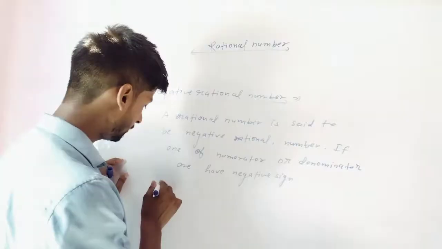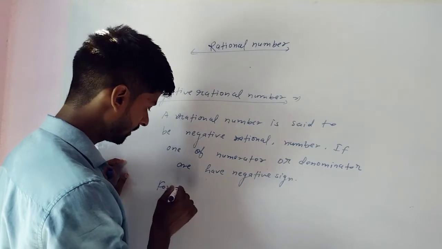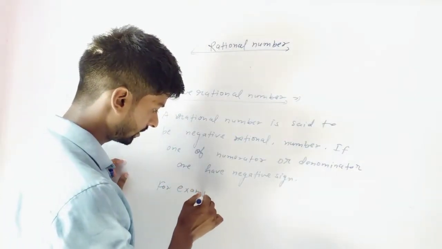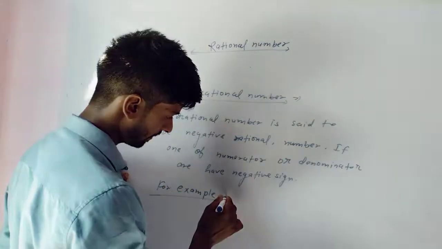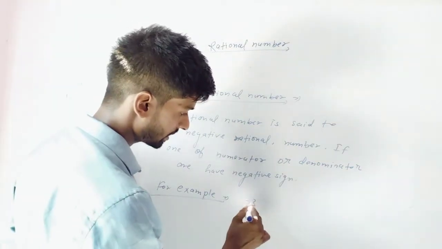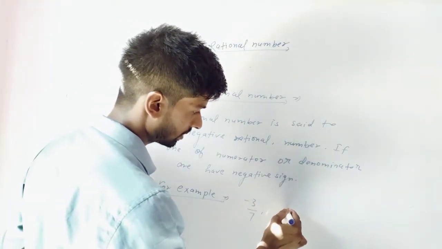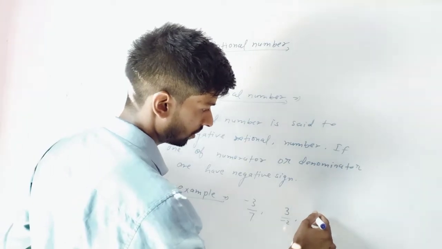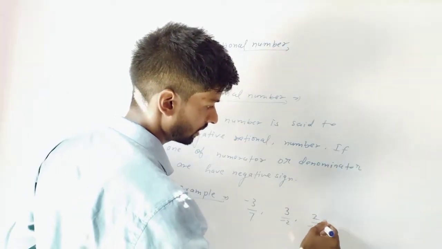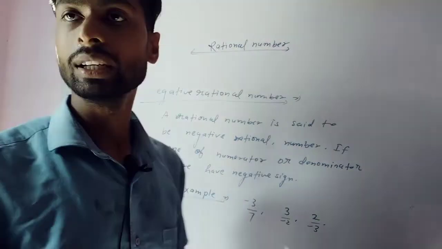For example, -3/7, 3/-2 and 2/-3 are examples of negative rational numbers.